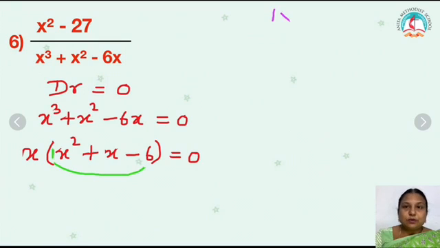Now I have to factorize only whatever is inside the bracket. So what is the coefficient of x squared? If anything is not there, that is 1x squared. So I have to write 1. 1 into minus 6, minus 6. If I am multiplying, I have to choose two numbers. I must get minus 6 on multiplying, and plus 1 on adding. So here I am taking 2 and 3.